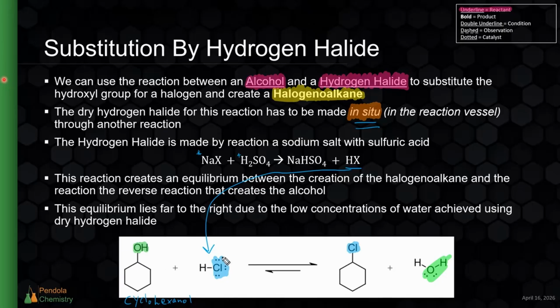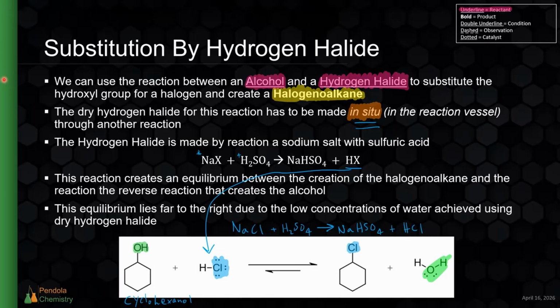And so to make something like HCl, we would simply react sodium chloride with sulfuric acid in the reaction vessel, and that will create sodium bisulfate and HCl.